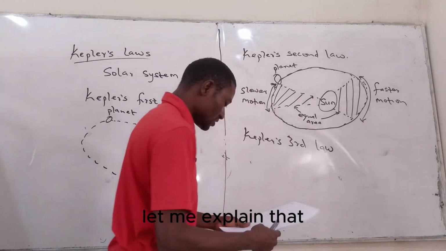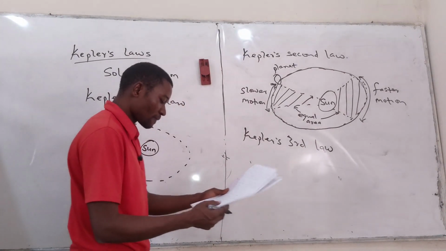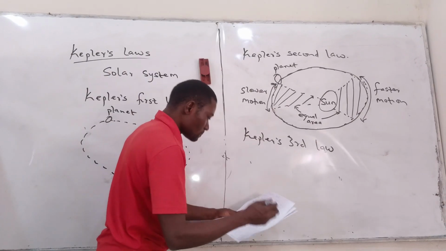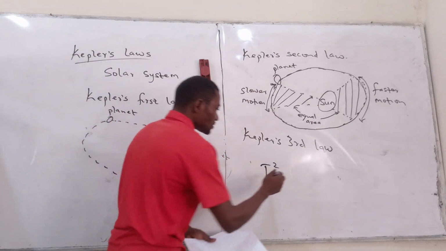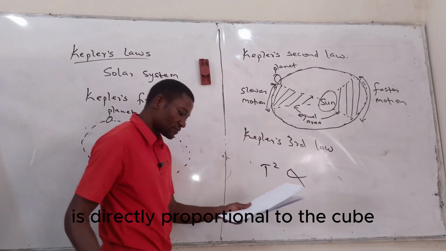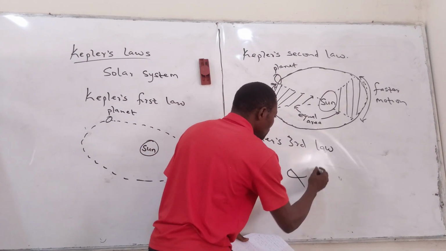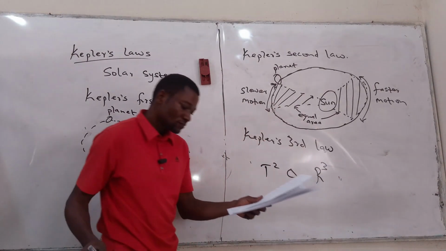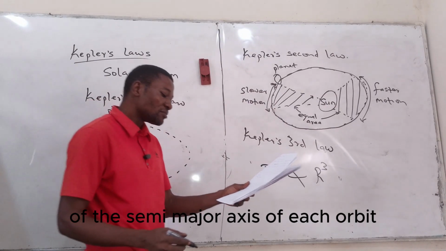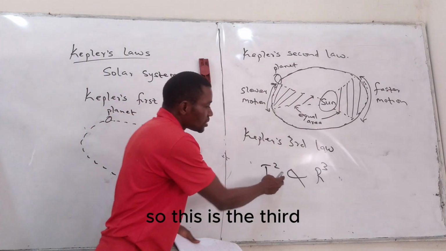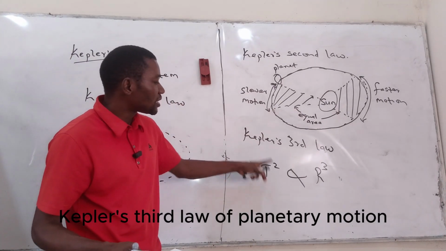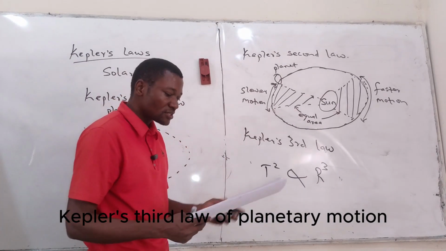Let me explain that. That the square of the period of a planet is directly proportional to the cube of the semi-major axis of each orbit. So this is Kepler's third law of planetary motion.